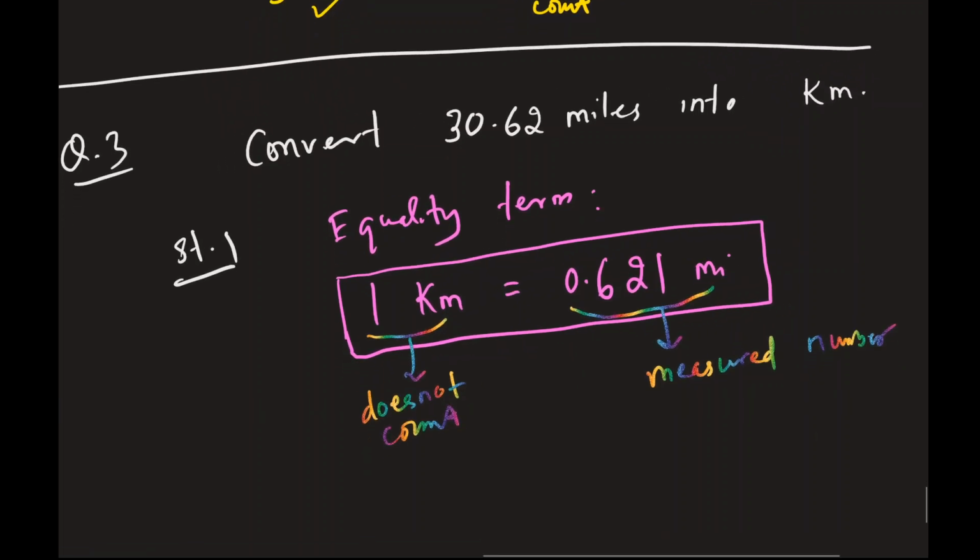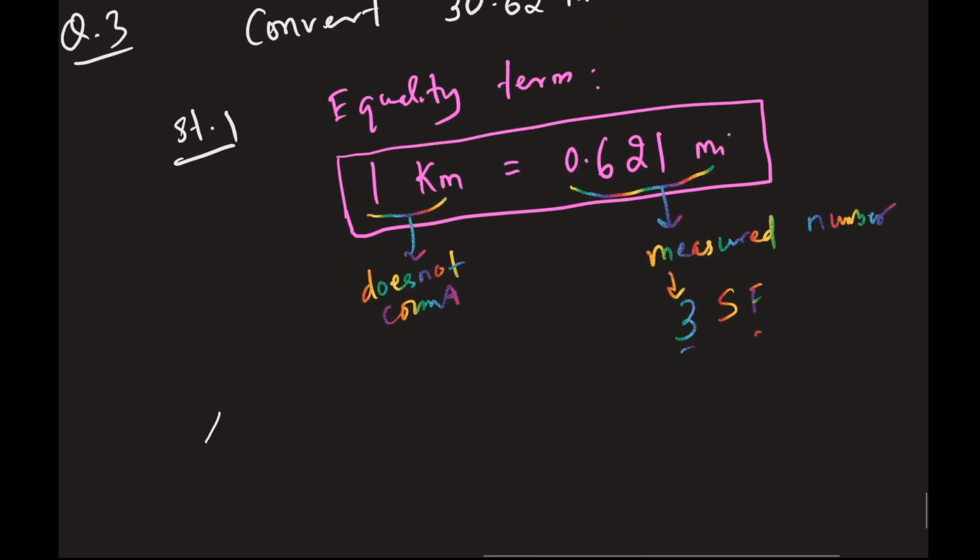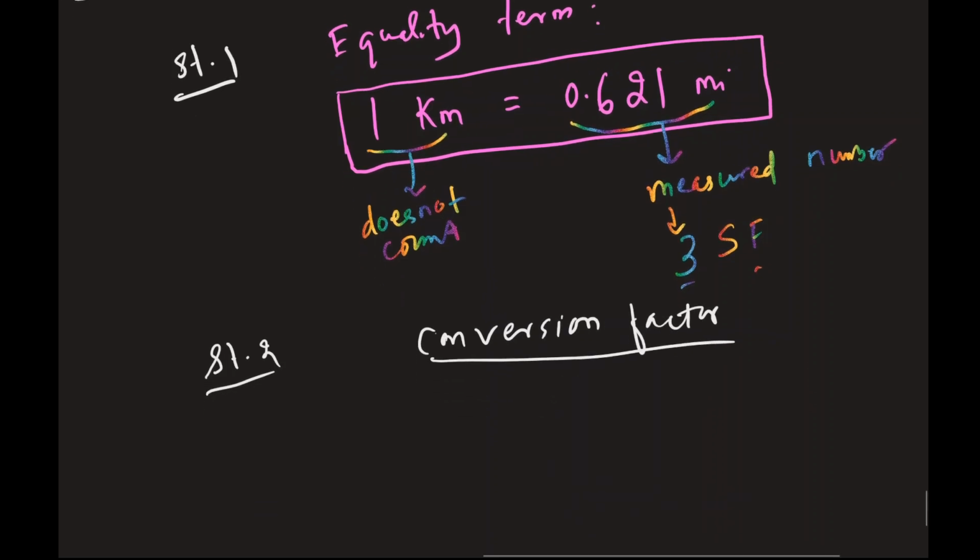So the measured number is going to have sig figs, right? So how many sig figs are we going to get? We're going to get 3 sig fig here. The zeros on the left don't count, so this one has 3 sig fig. All right, so step 2 is conversion factor. So what is the conversion factor in this particular example?